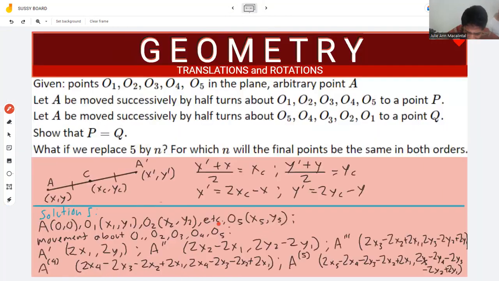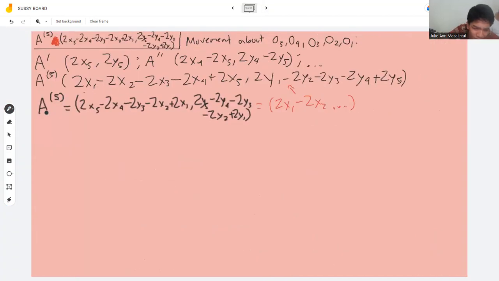So this one is actually P, and this one is Q. So that's the analytical geometry proof.